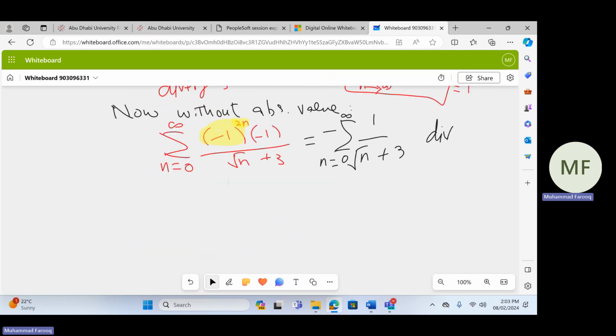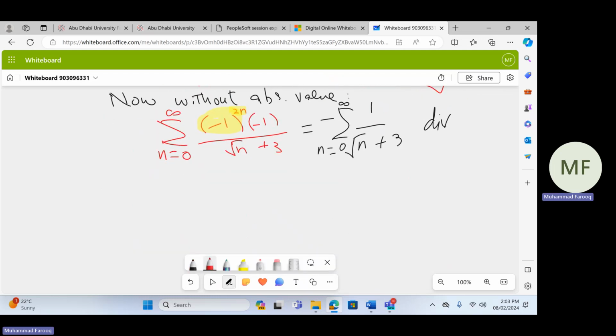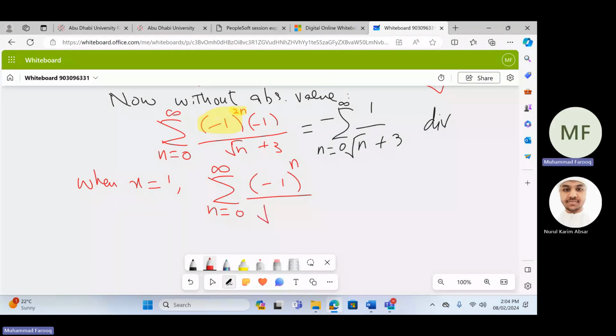So now when x is 1. Sigma n equals 0 to infinity of minus 1 power n and x power n, with x is 1. So 1 power n is 1. Divide by square root of n plus 3. Sorry, it's 3, not 1.